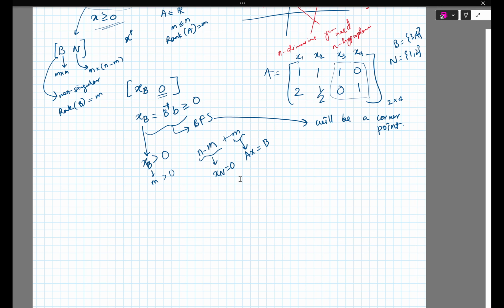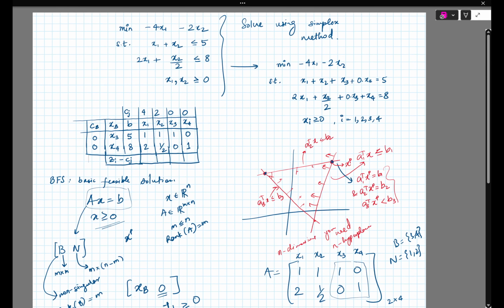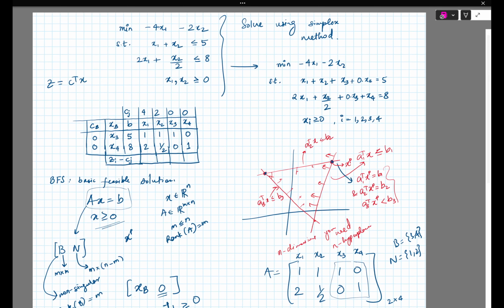I don't know if I should do the derivation or not, because it's already done in the video lectures. But take your objective function, which is z equal to c transpose x. You write it in terms of your basic and non-basic variables again, xb, xn.